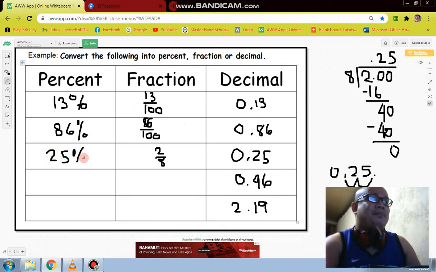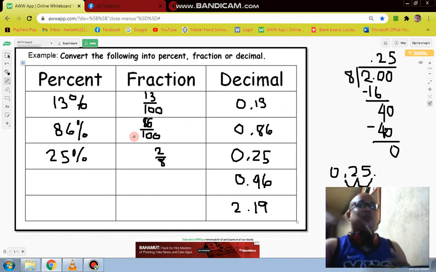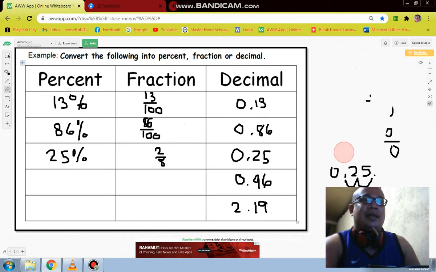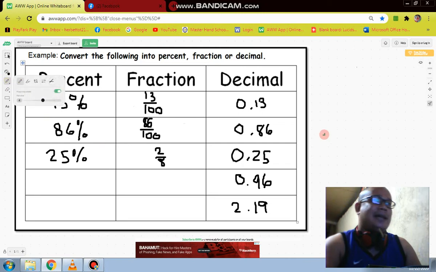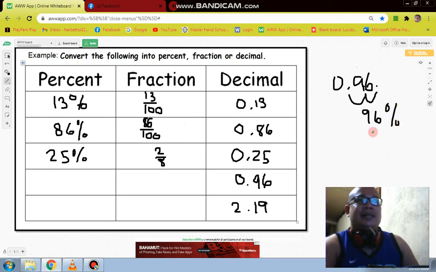Again, class, when converting decimal to percent, we move the decimal point twice to the right. Next is 0.96, or 96 hundredths. Decimal to percent: move the decimal point twice to the right, then add the percent sign. So it's 96%.